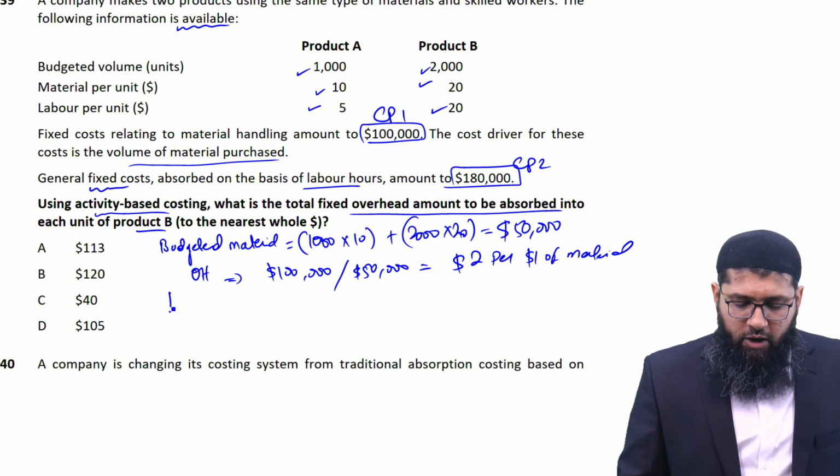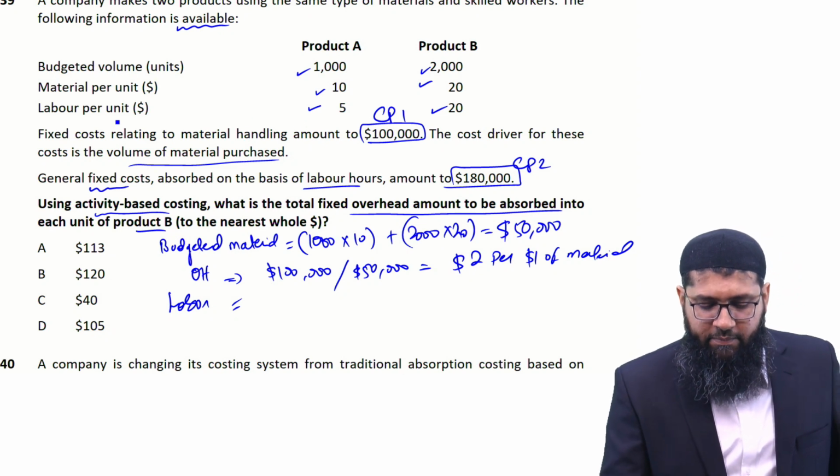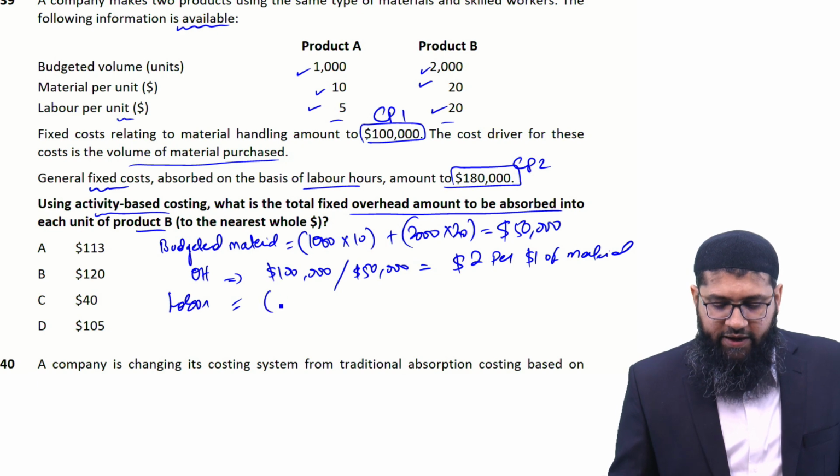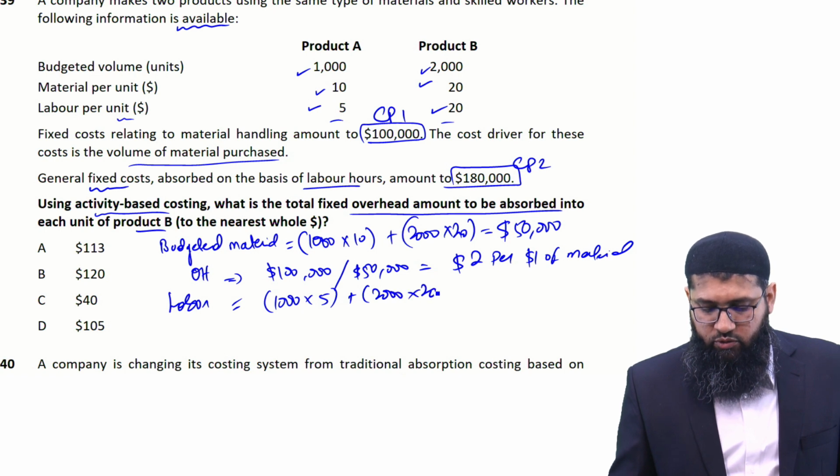And when we talk about the labor related thing, labor per unit is 5 and 20. So again it's gonna be 1000 into 5 plus 2000 into 20.